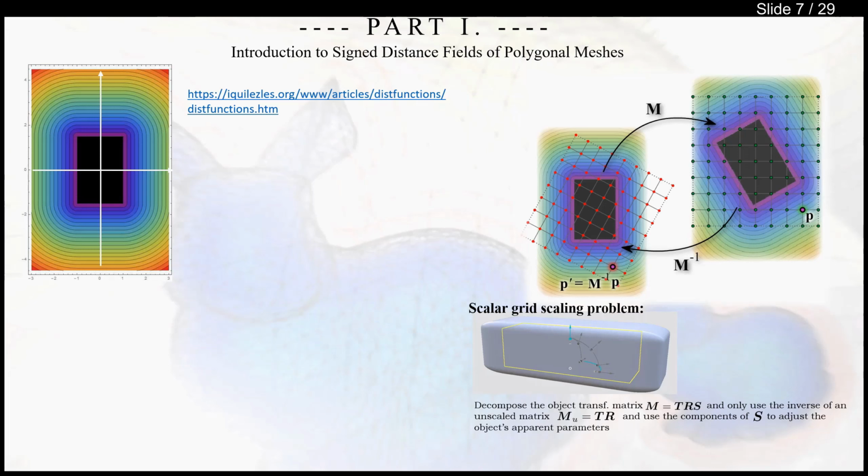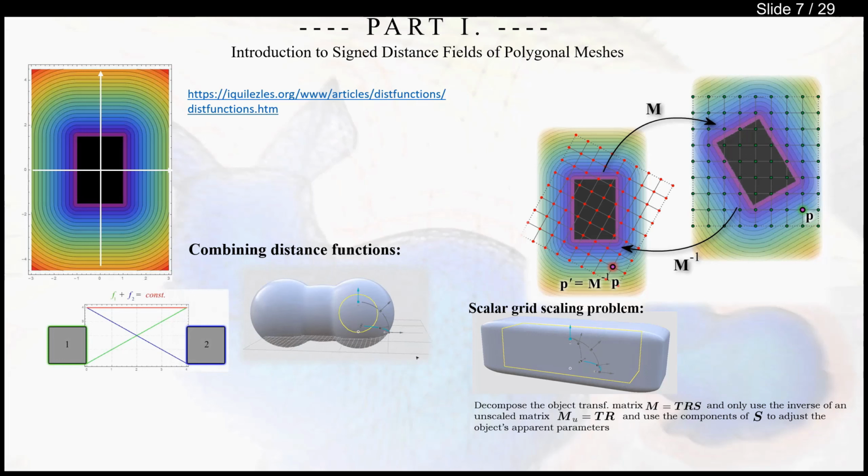Since distance fields are increasing functions, we may be tempted to combine multiple generated fields by simply adding them together. If we do so, however, we create a region of constant value right between the field primitives, which does not look natural when rendering the contours.